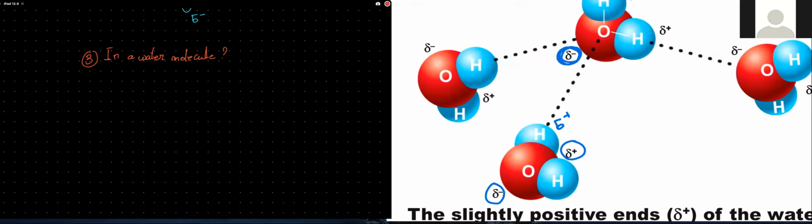What chemical bond do you have in a water molecule? Single covalent bond. 2 single covalent bonds, exactly.